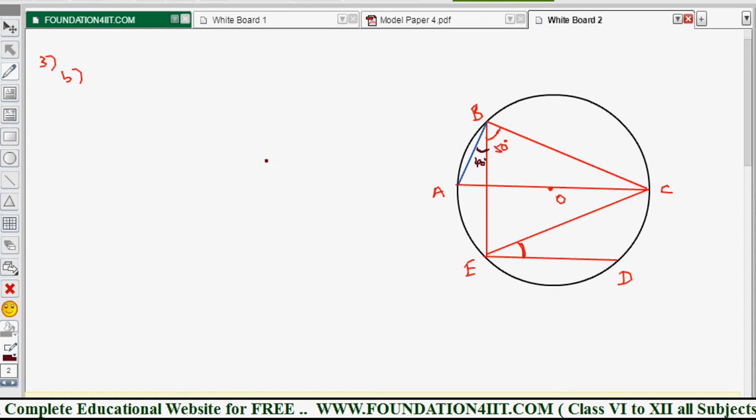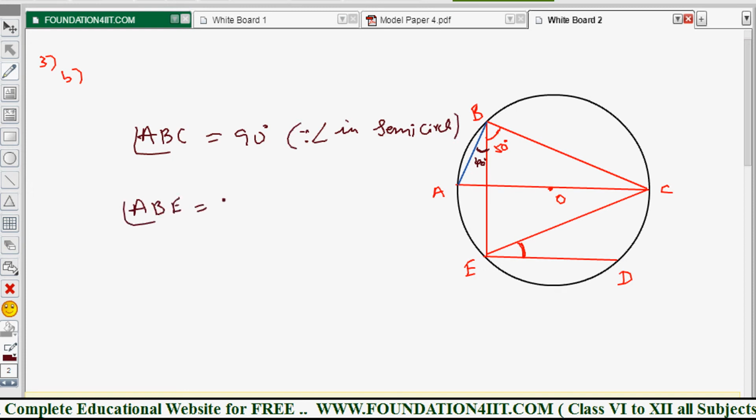By joining ABC, we know that angle ABC is equal to 90 degrees because the angle in a semicircle is 90 degrees. Then angle ABE is 90 minus 50, that is 40 degrees.